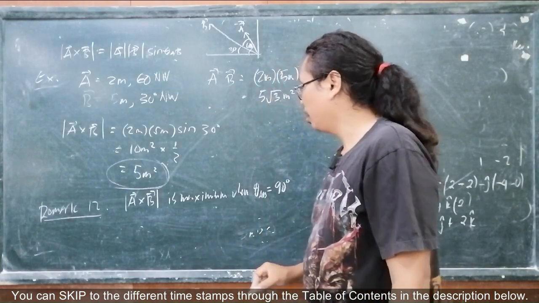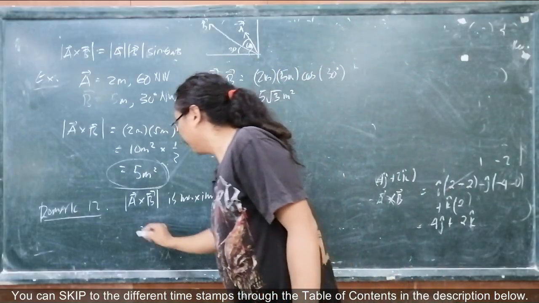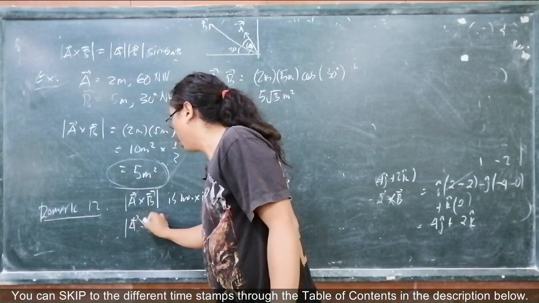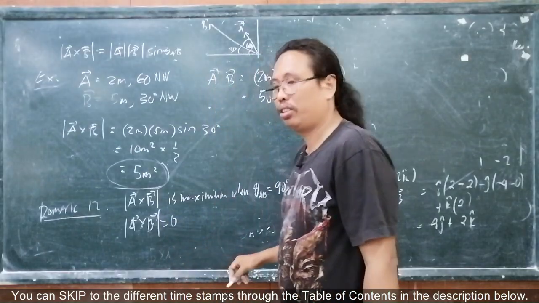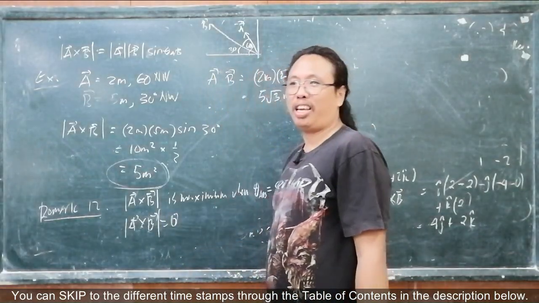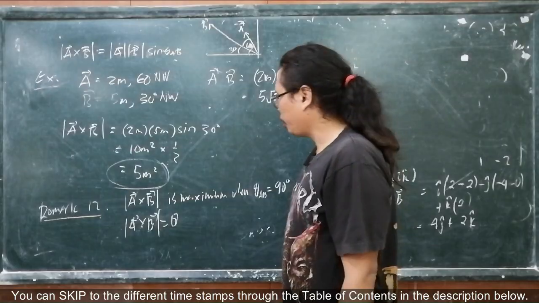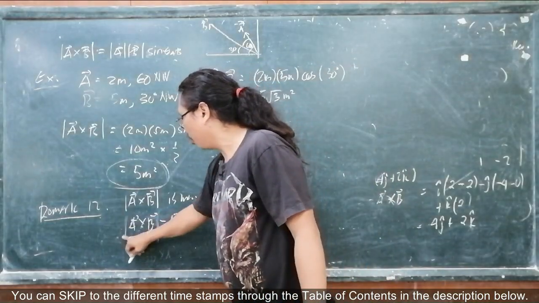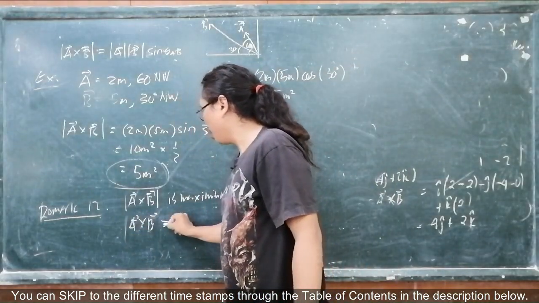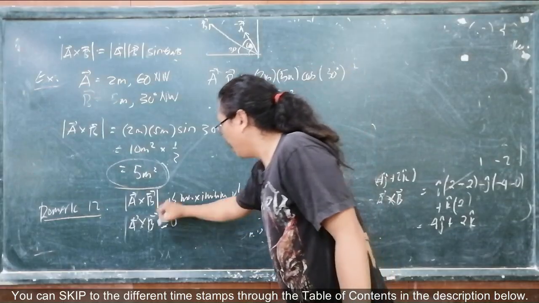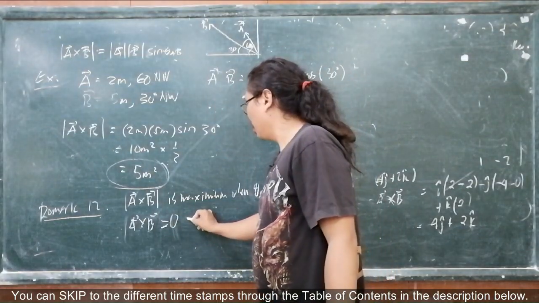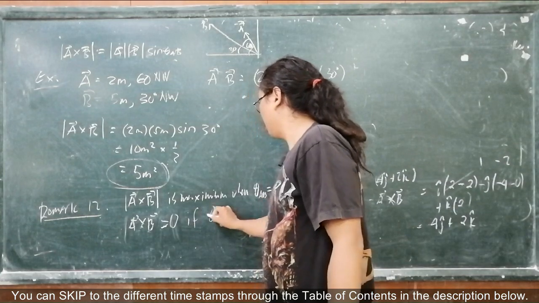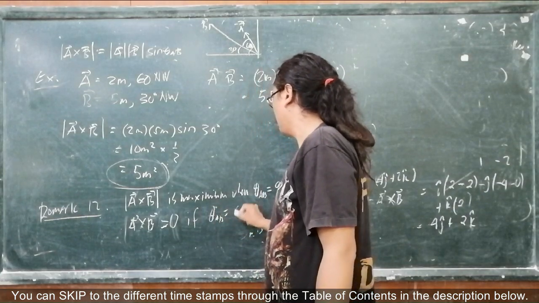But A cross B equals 0, the minimum, either the vector itself or the magnitude, if theta AB equals 0.